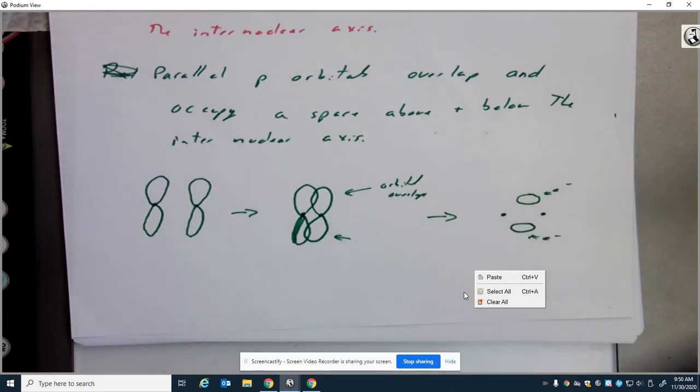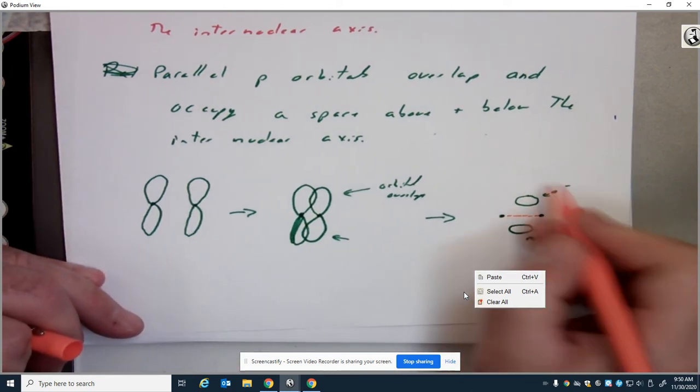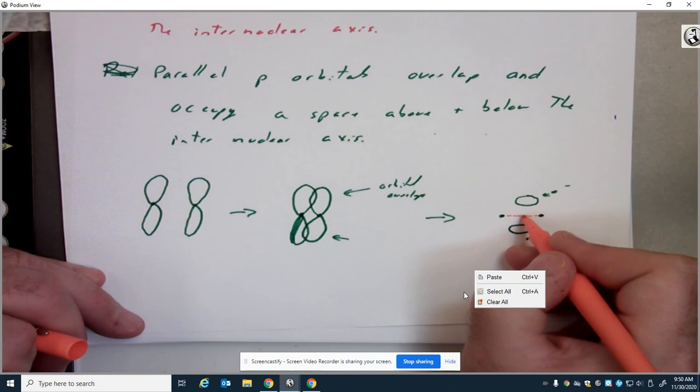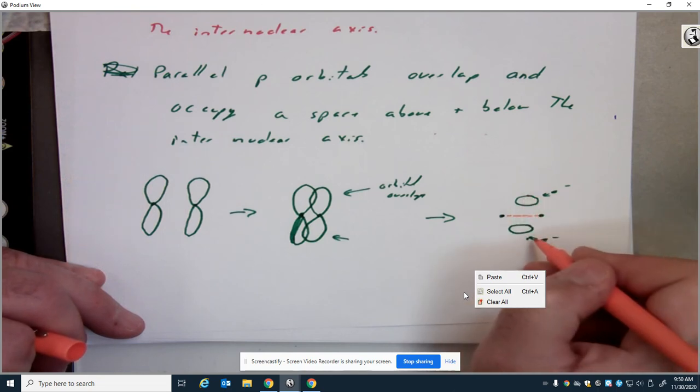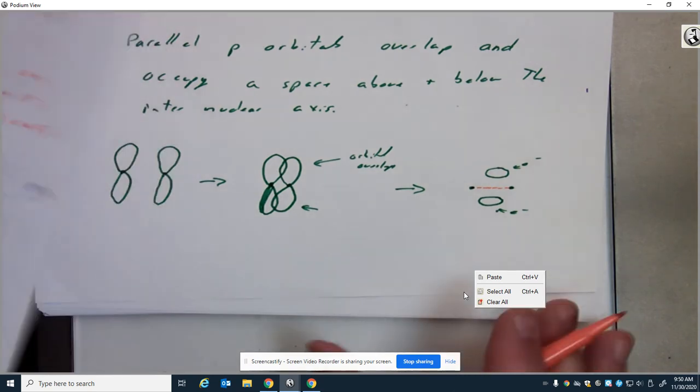If we drew the internuclear axis, the electrons are not on those internuclear axes. They're above and they're below. That's what makes this a pi bond.